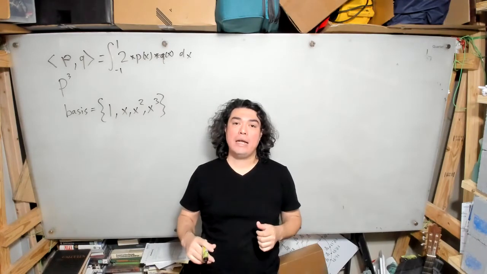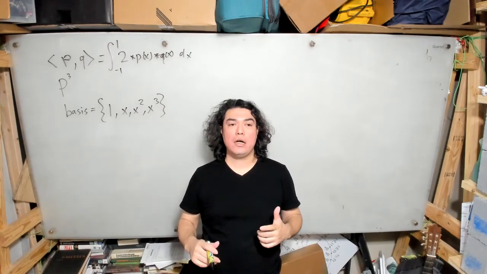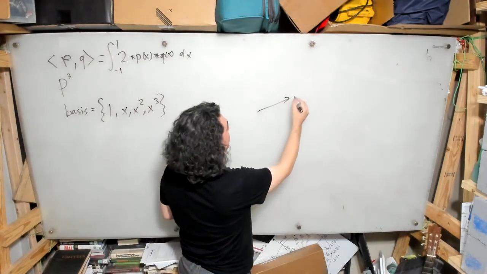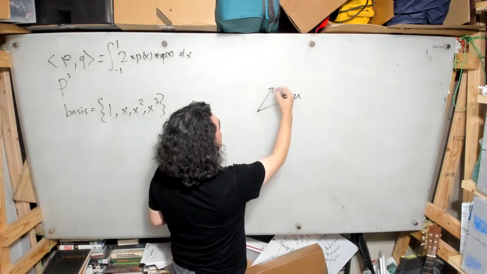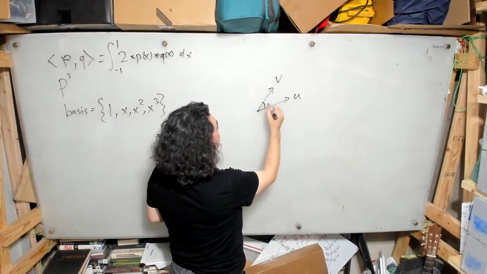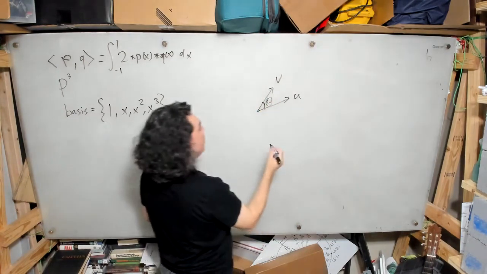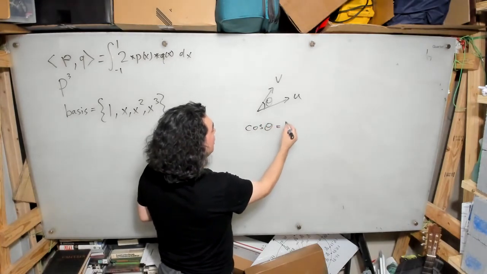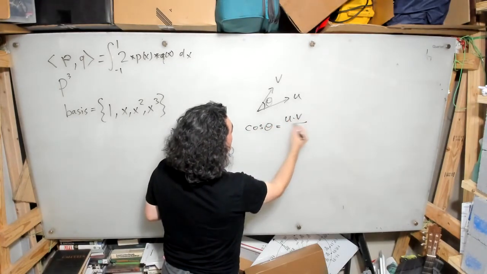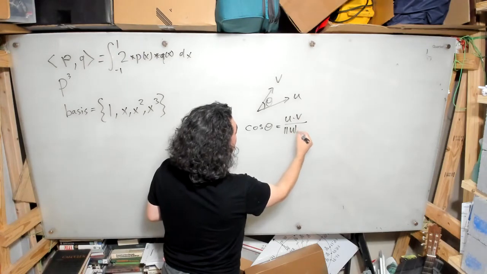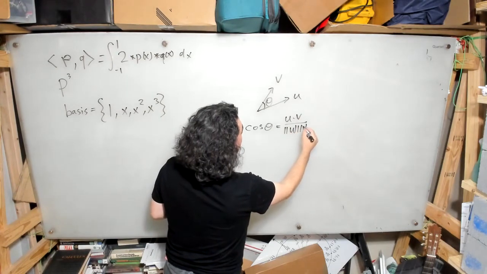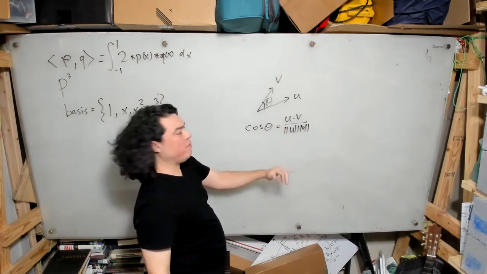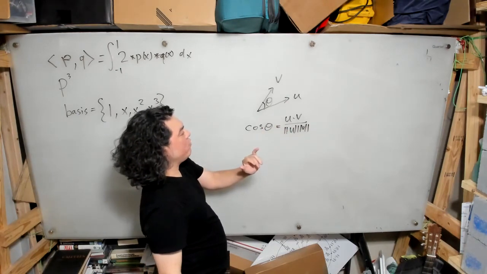We learned that we can find the angle between two vectors. Let's say this is u, and this is v, and they have the angle theta in between them, theta in radians. Then we know that the cosine of theta is equal to u dot v over the magnitude of the vector u times the magnitude of the vector v.